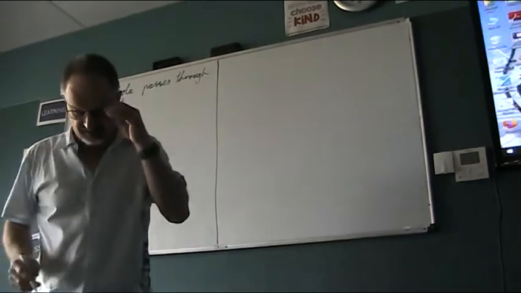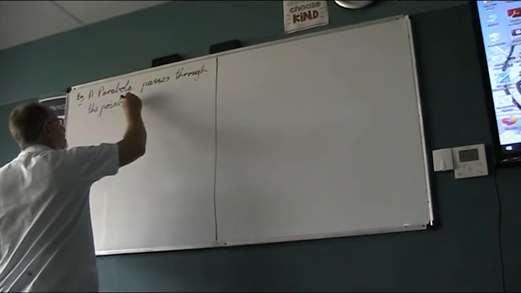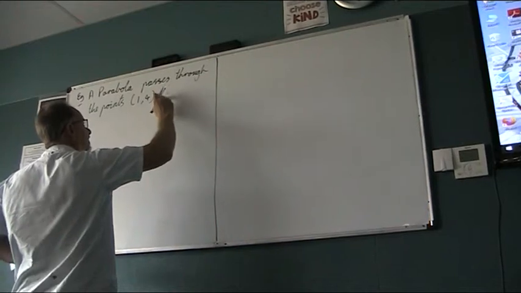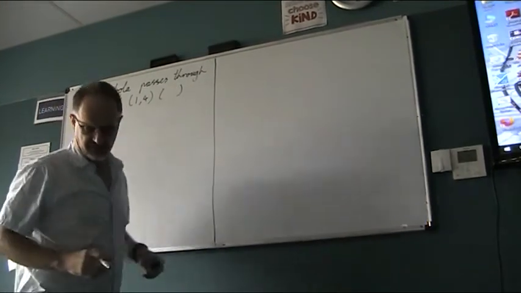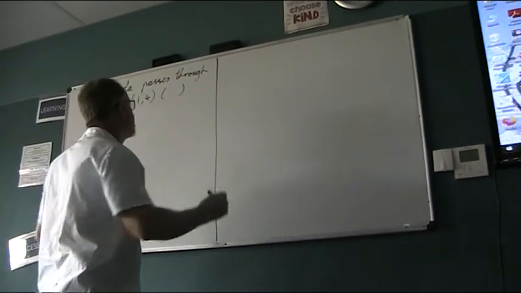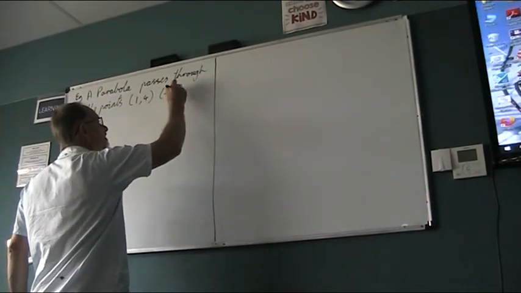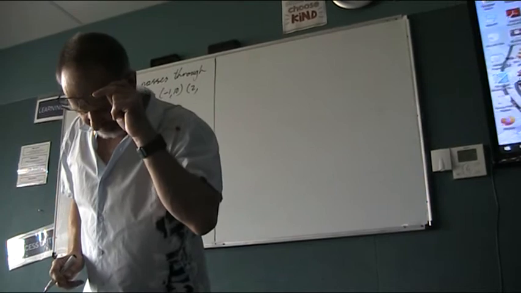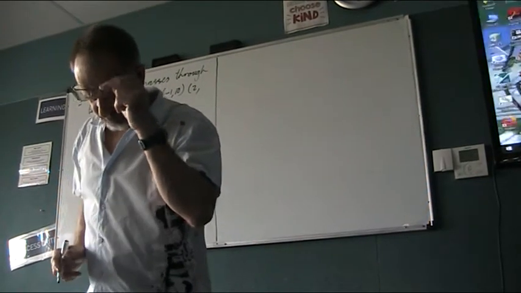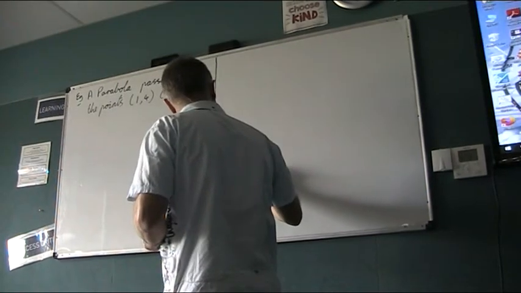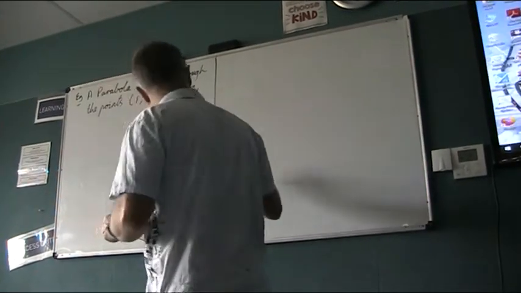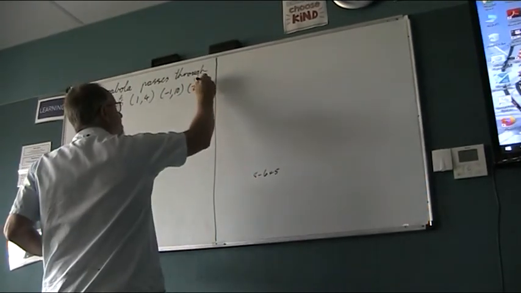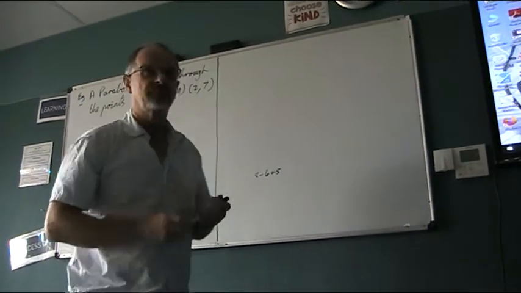Okay, so 3 points this time, so 1, 4, negative 1, 10, and the other point is 2 and 7, I believe, would be the other point.